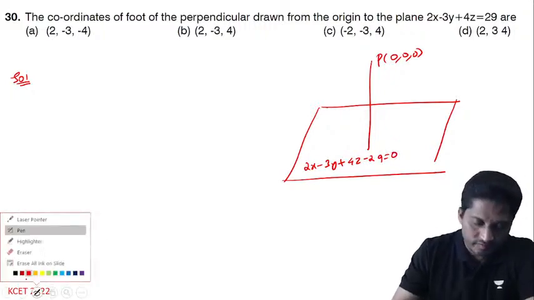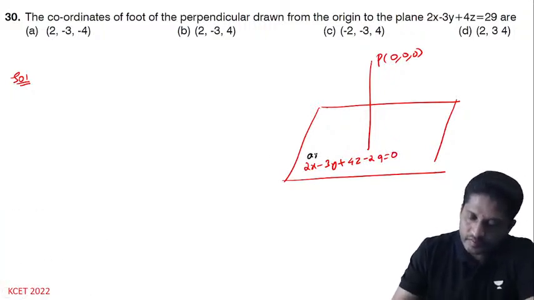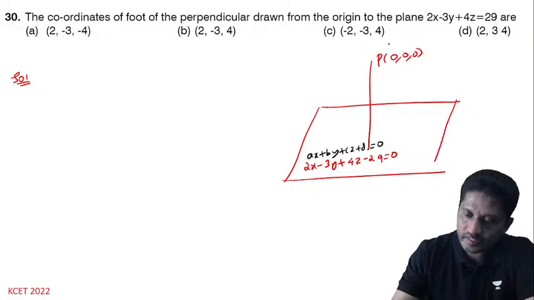Then this is of the form ax plus by plus cz plus d is equal to 0. This point is x1, y1 and z1. Okay, foot of the perpendicular, let's say this is N, this is x comma y comma z.